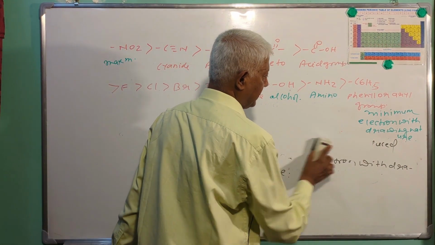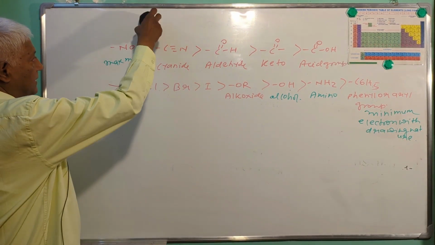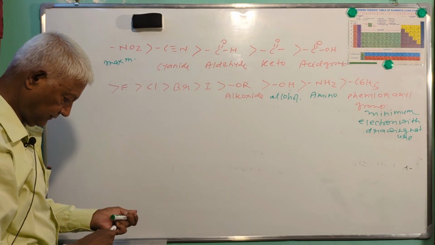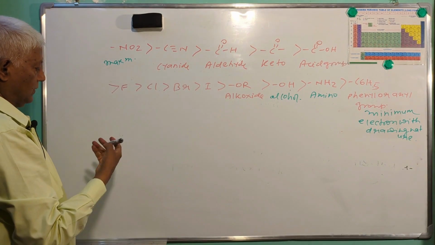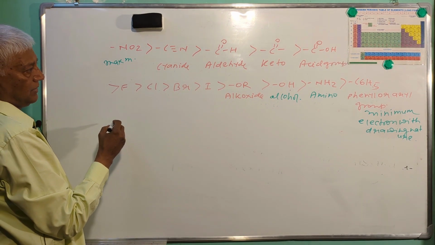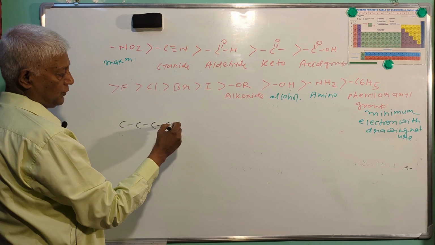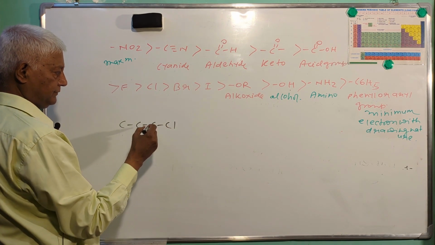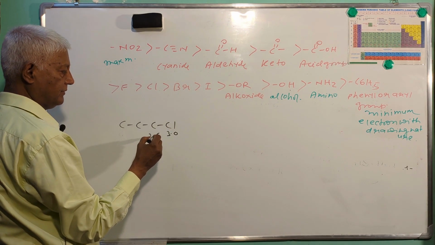So, let's take a very simple example like this: C-C-C-Cl. Suppose this is chlorine. Its electronegativity is 3.0, and carbon has 2.5.